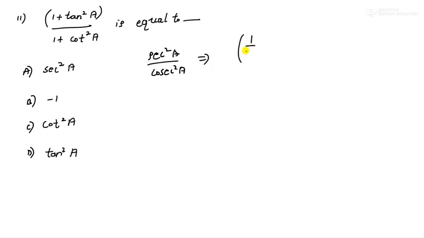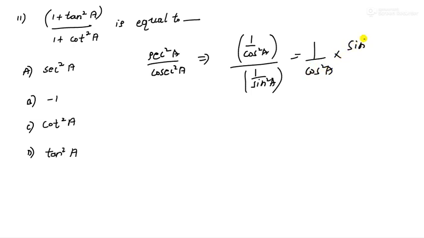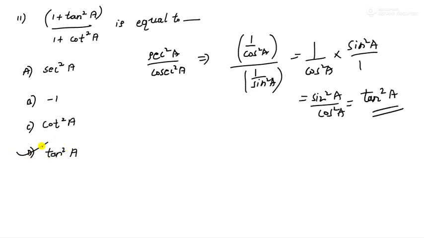Sec can be written as 1 by cos square a. Similarly this can be written as 1 by sine square a. So when we bring them in this form, sine square by cos square a it will become. So what is sine by cos? It is tan, and since square is there, it is tan square a. So option number D is the right one.